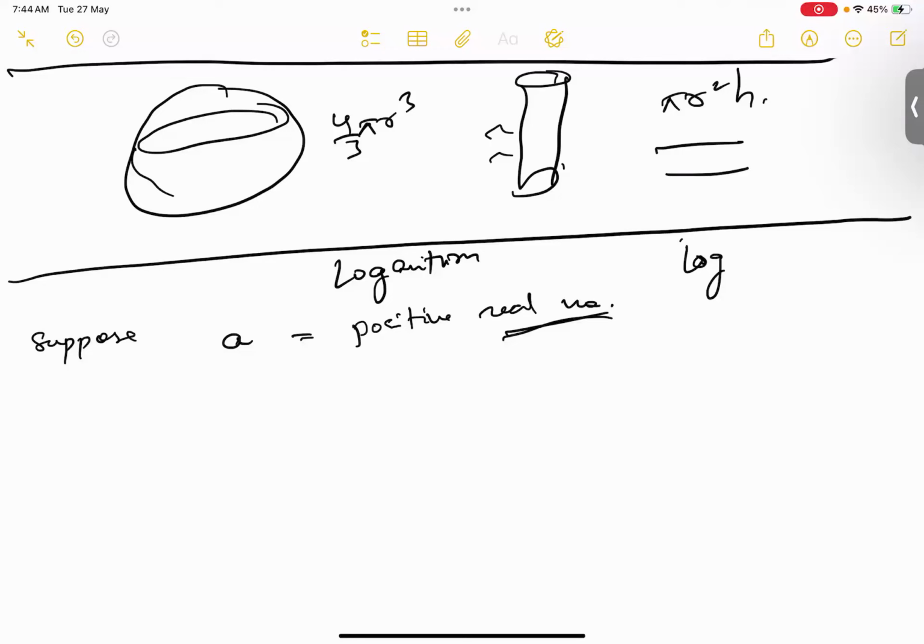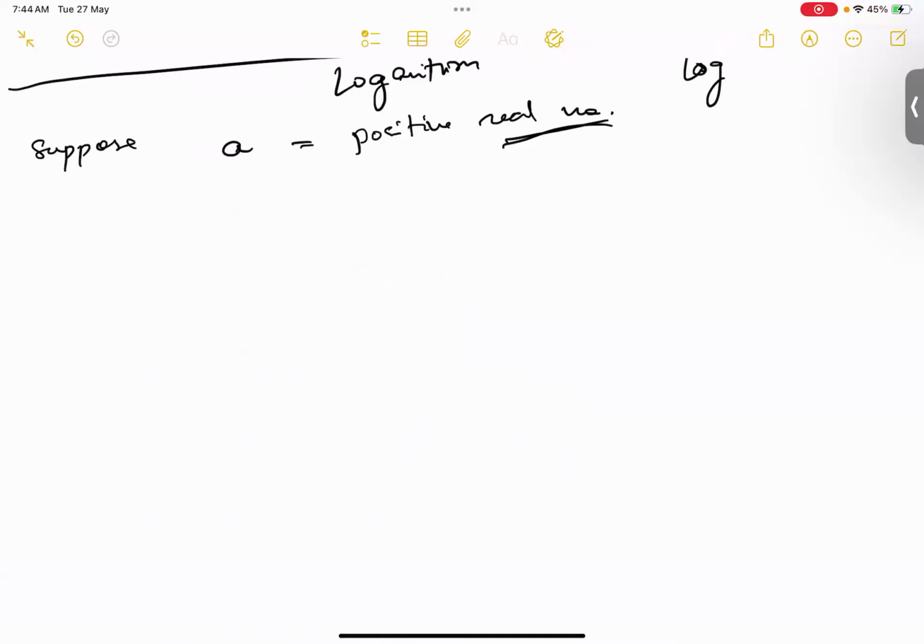Any number is considered a real number, apart from, say, 5 by 0, anything which has a denominator 0, or which is inside the root of a negative, which are unreal numbers. There are two types of unreal numbers: any number divided by 0, or under the square root of a negative. Apart from that, any number is considered a real number.